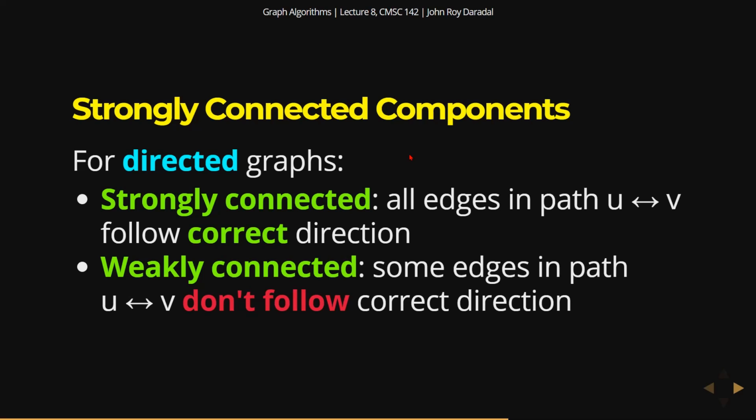So we could get from U to V, but only if we thought of it as undirected, meaning we did not follow the direction of the path.